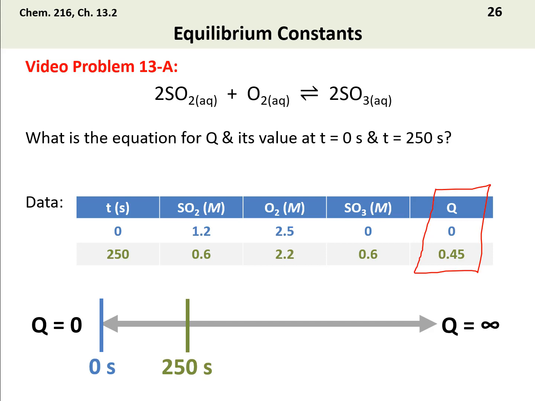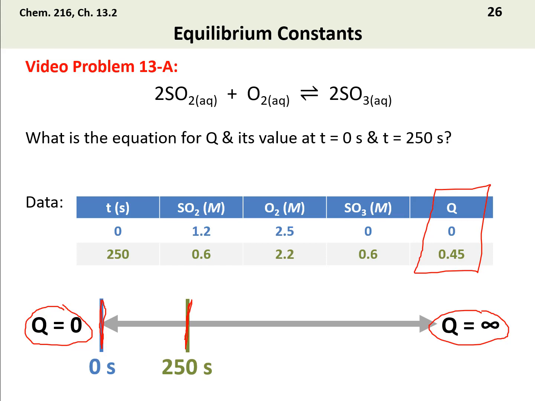It goes from small to big, right? So Q can be anything from 0 up to infinite. Okay? Those are basically the ranges. We can't have a negative Q because we can't have negative concentration. Okay? All right. So at time equals 0, we had Q of 0. At 250 seconds, we had Q of 0.45.